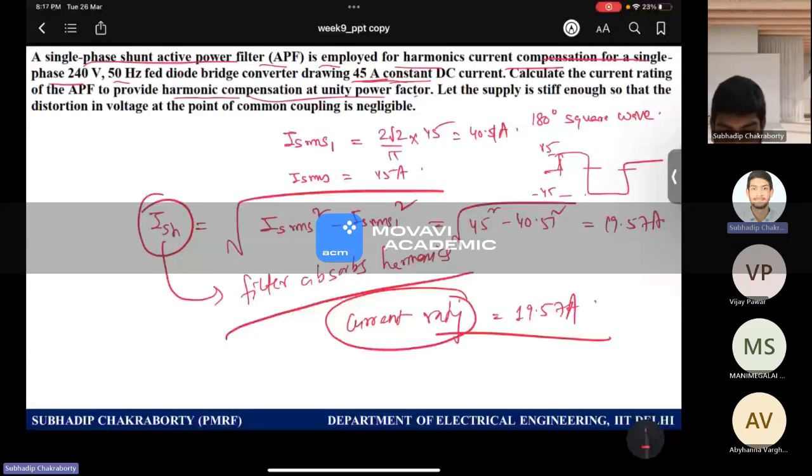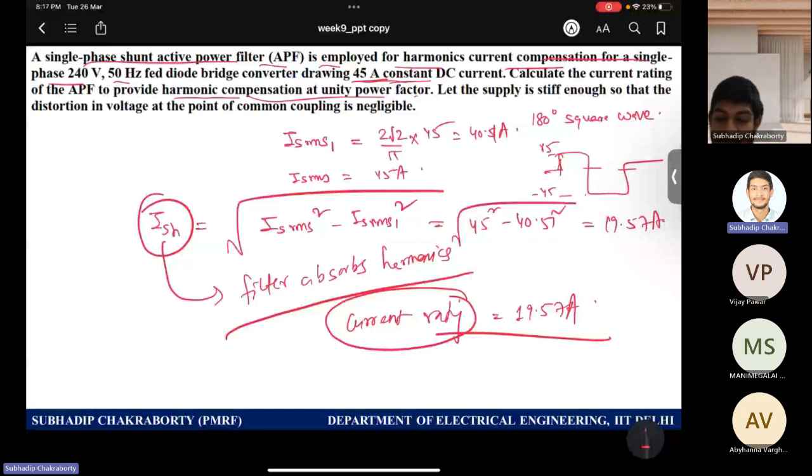So now see. A shunt active power filter is used in parallel with a single phase AC supply. It maintains almost unity power factor.